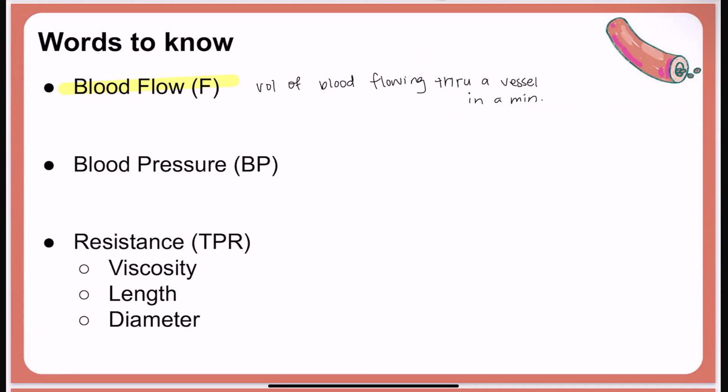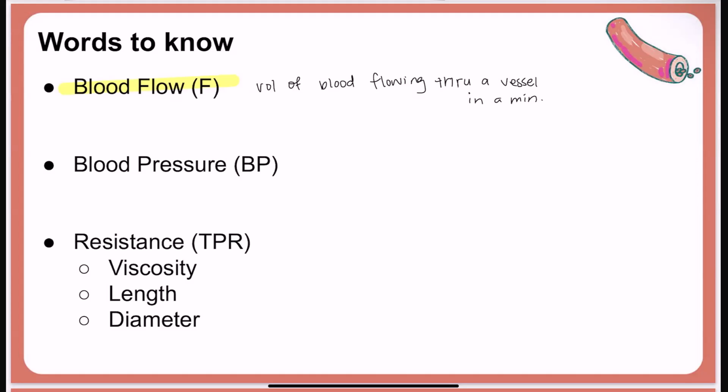And we know that if we were to look at the whole of the body, all of the blood, that would actually be cardiac output, because cardiac output is how much blood is pumped per minute. But if we think about all of the blood flow at once, flow for all of the blood would be cardiac output. So that's kind of nice. We kind of know a little bit about this already.